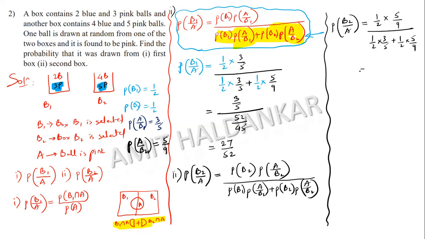Now if I calculate it further, I'll get 5 by 9 divided by, half will go away, 9 3s are 27. Again I'll get the same 52 by 45, and here the calculation is 5 5s are 25 upon 52, which is your answer that you get.